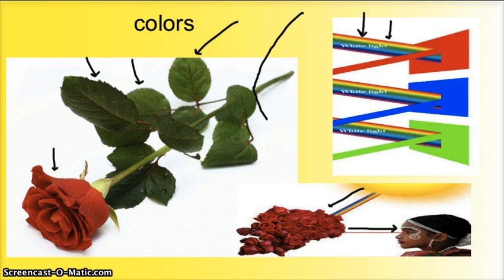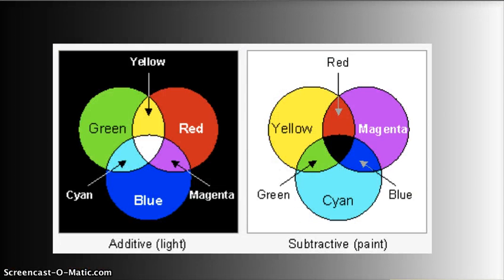Televisions and computer monitor displays show many colors. They display all kinds of colors by combining the light of the additive primary colors. Here are the primary colors, red, blue, green. Adding light of two of these colors can produce secondary colors.